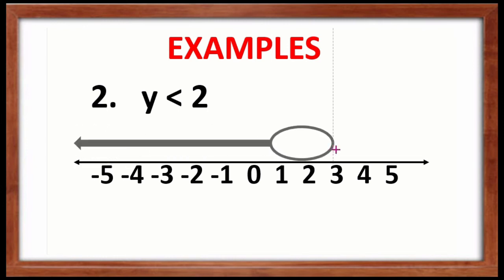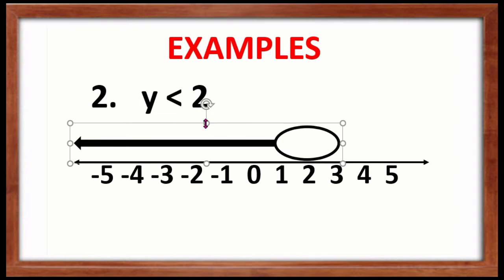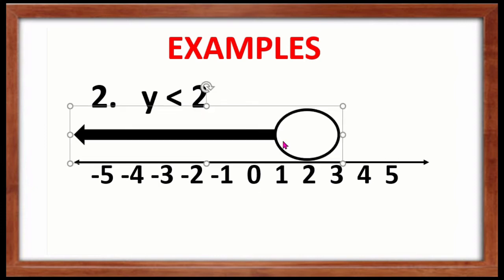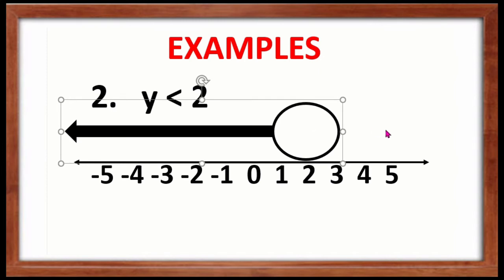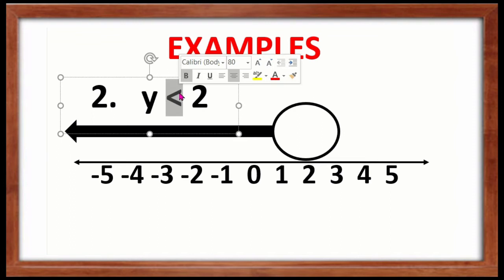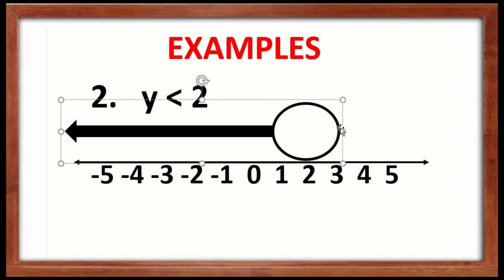From positive 2, we're going to adjust it. From positive 2, we will be using this circle without shade. And the location of the arrow is going to the left because the nose of this symbol is going to the left also. We're going to follow that.